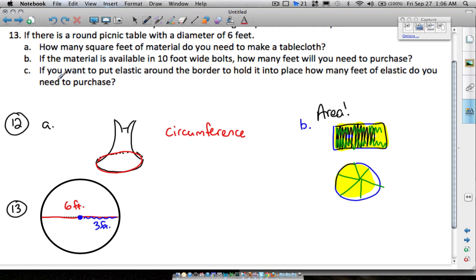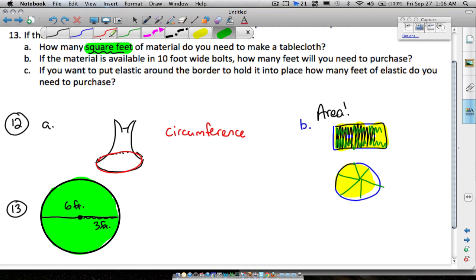And now let's read the question. Question A, how many square feet of material do you need to make a tablecloth? Think about a tablecloth. A tablecloth will cover the entire surface of the picnic table. So how many square feet? That's another key word too.